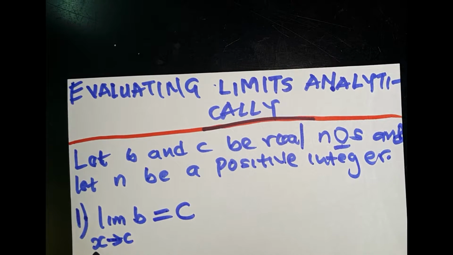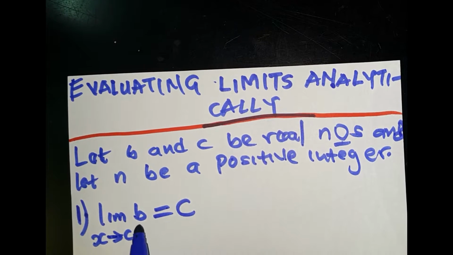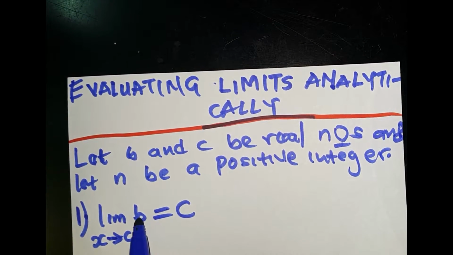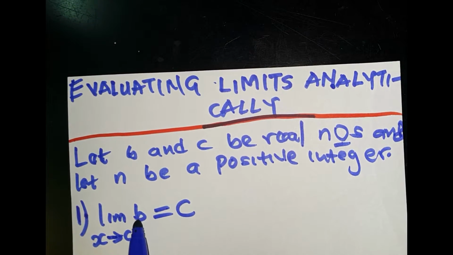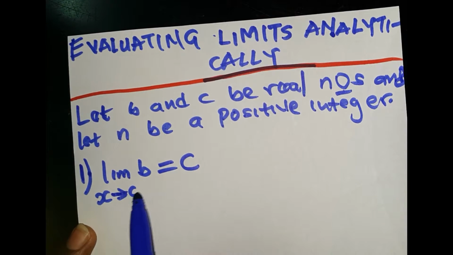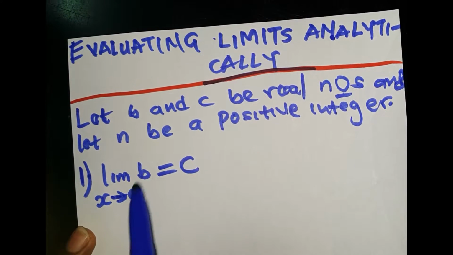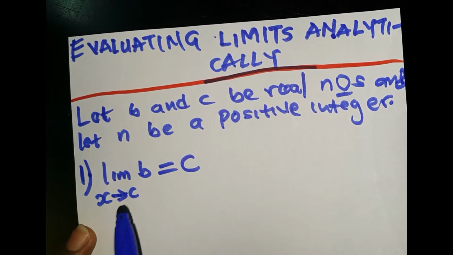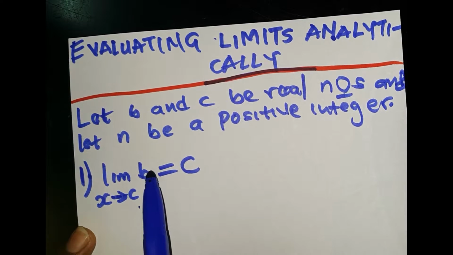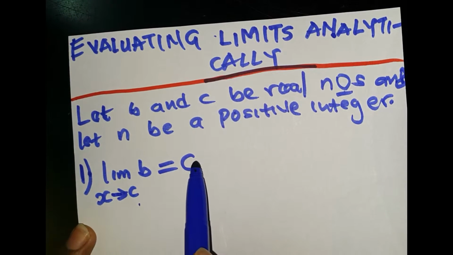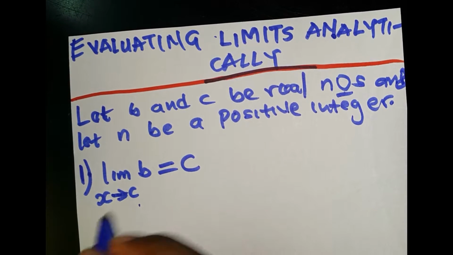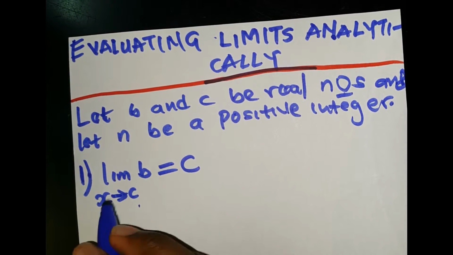Because x is going to c, so if we have x here, we replace this x with what it is going to. Like if we have x tends to 0 and we have x here, our answer will be 0. That is the first rule. Don't worry, we'll still do some examples regarding this.